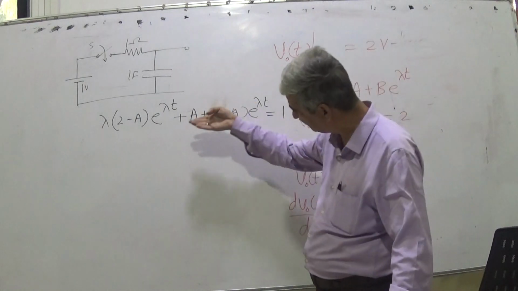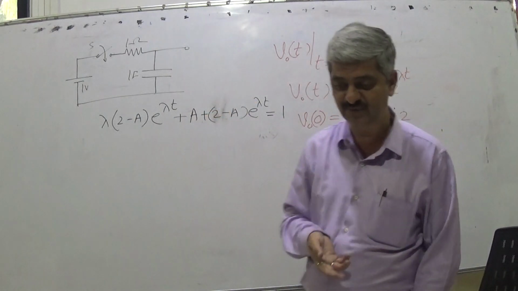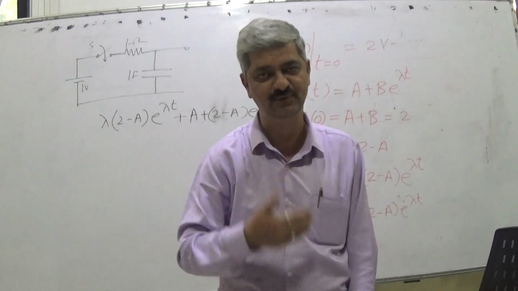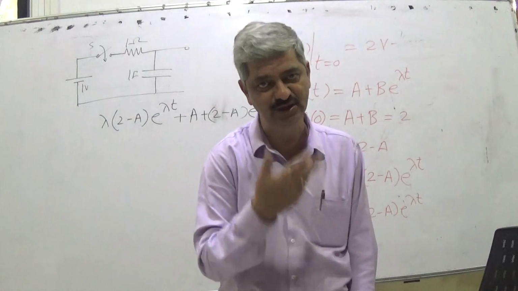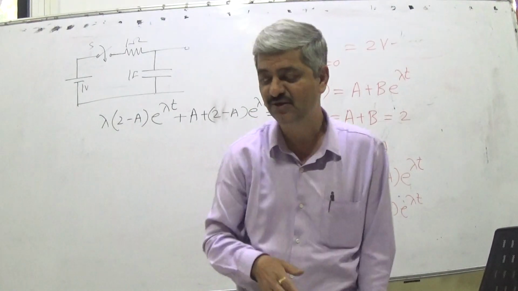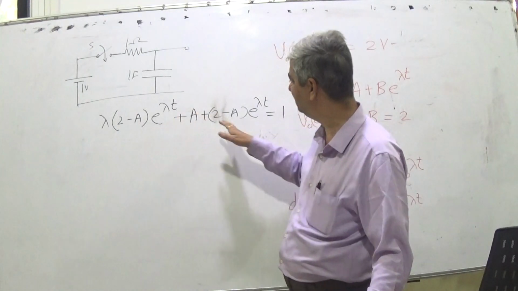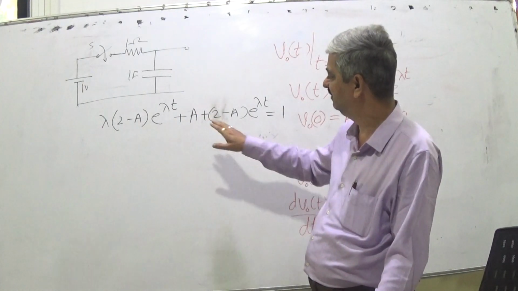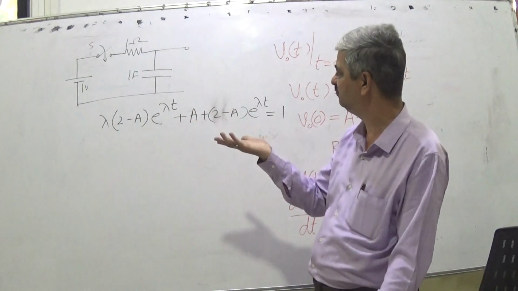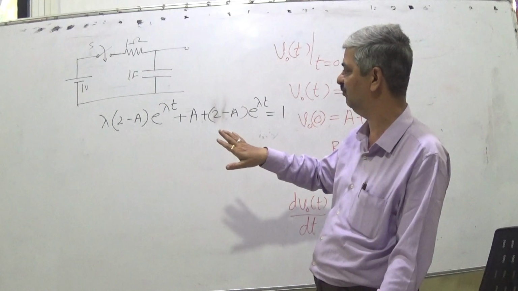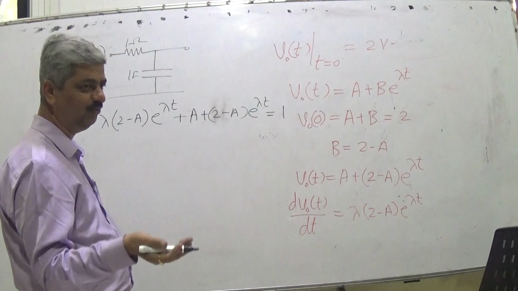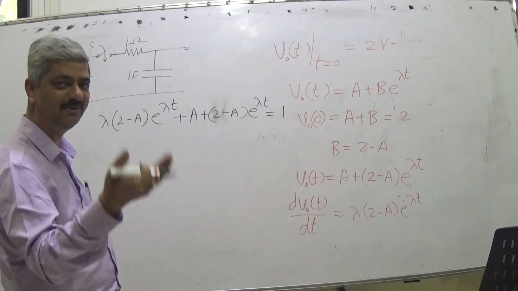But when one variable is in the exponent, it has two equations inbuilt. The terms which do not have e raised to lambda t must be equal, and the terms which have e raised to lambda t must also be equal.